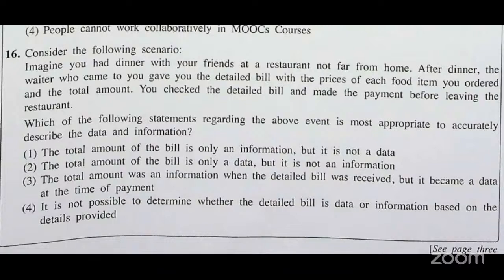Which of the following statements regarding the above event is most accurate, kids, related to data and information? The total amount of the bill is only information, but it is not data. The total amount of the bill is data, not information. The total amount was information when the detailed bill was received, but it became data at the time of payment. It is not possible to determine whether the detailed bill is data or information based on the details provided.